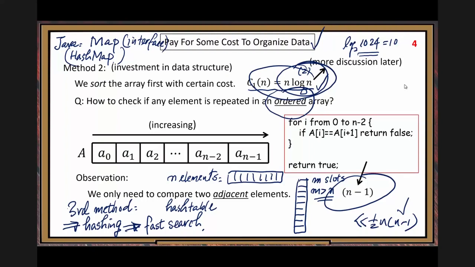Each element in this hash map contains two parts. One is the key part, the hash key. The second is the value part, the data value.